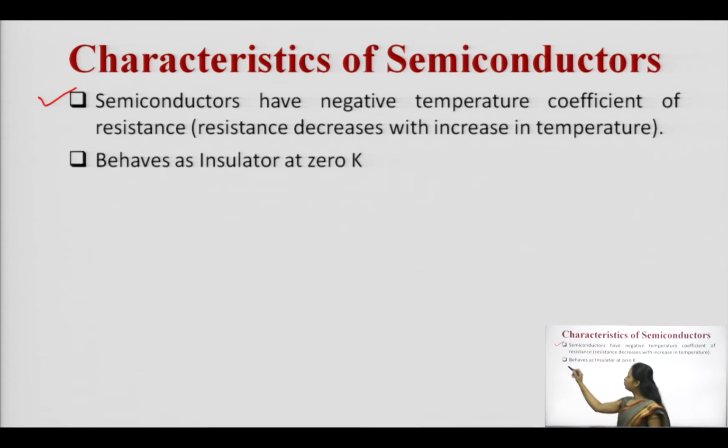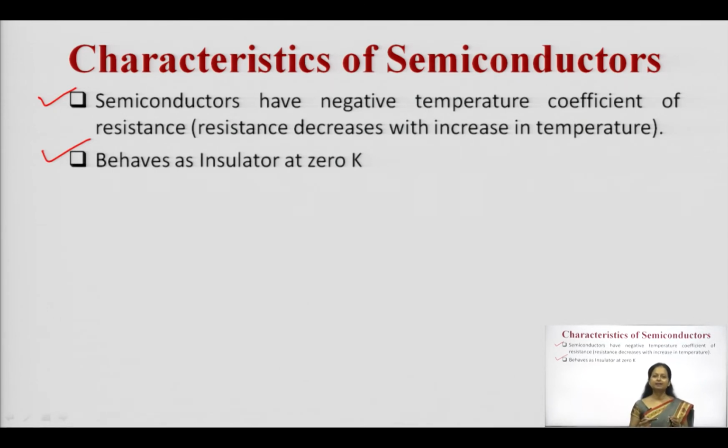At 0 Kelvin, semiconductors behave as insulators. What does it mean? You have studied the band diagram as well, and I will be discussing it in today's lecture too. But just to understand this: in semiconductors, there is a forbidden energy gap between the valence band and the conduction band.